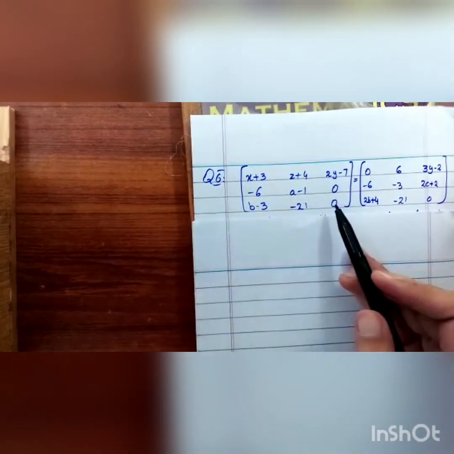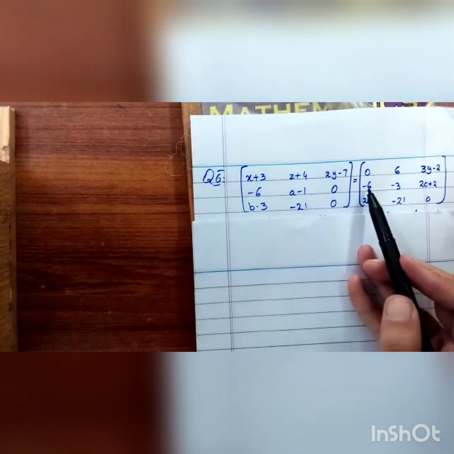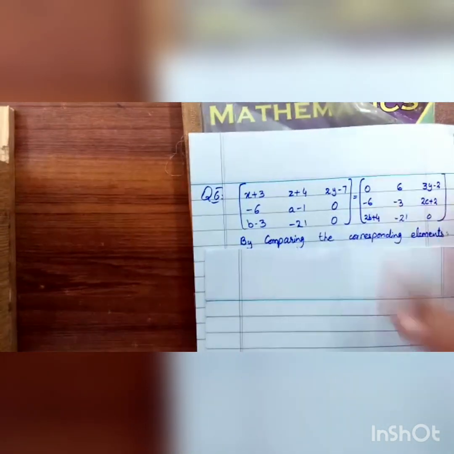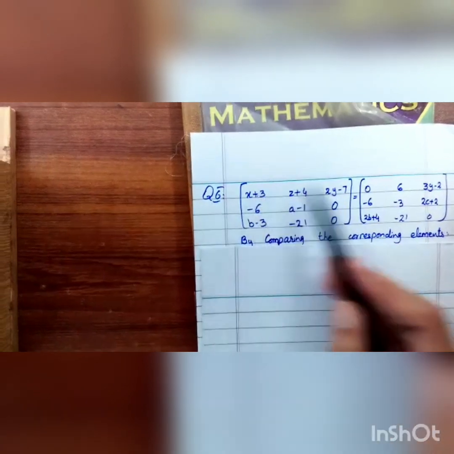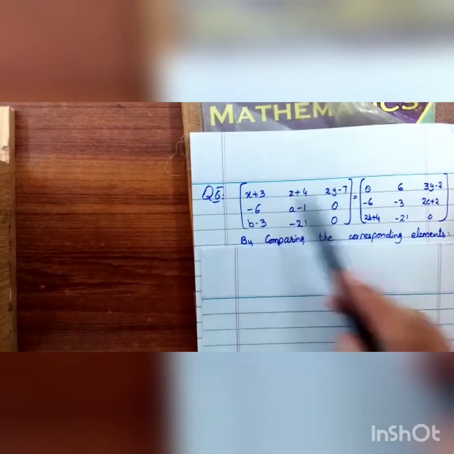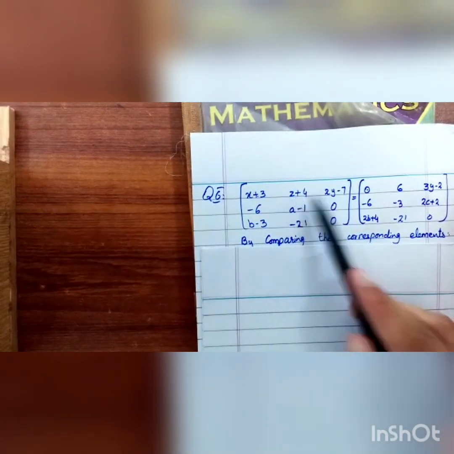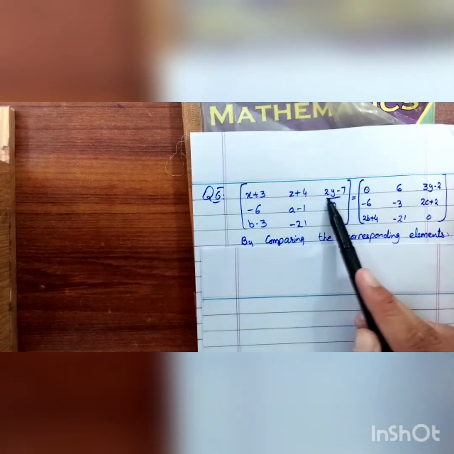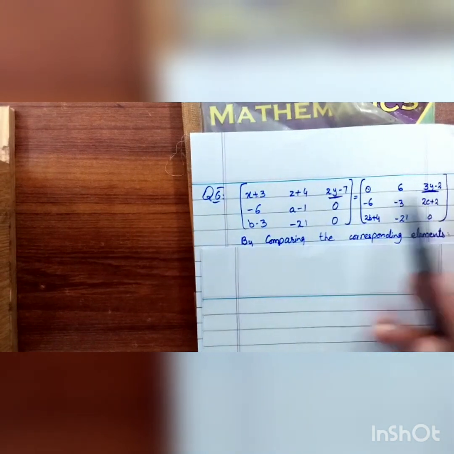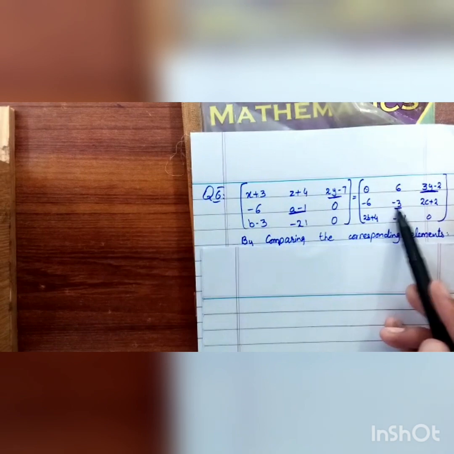Two matrices are equal, so by comparing the corresponding elements, x plus 3 is equal to 0, z plus 4 is equal to 6, 2y minus 7 is equal to 3y minus 2, a minus 1 is equal to minus 3.